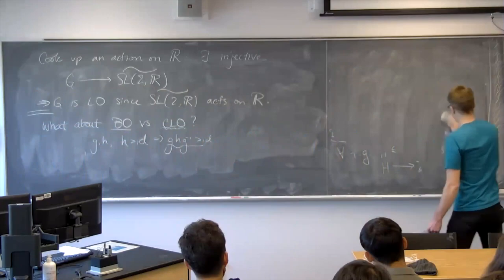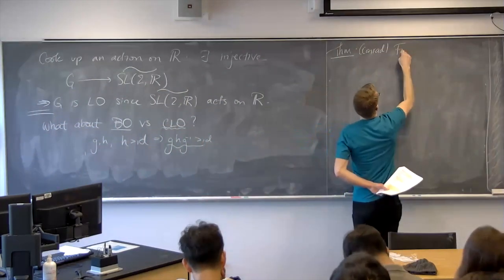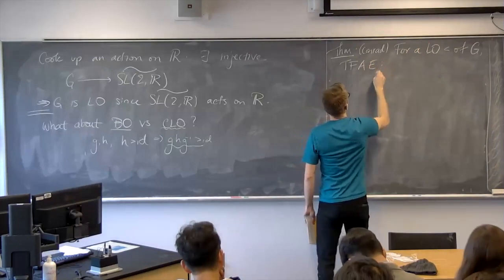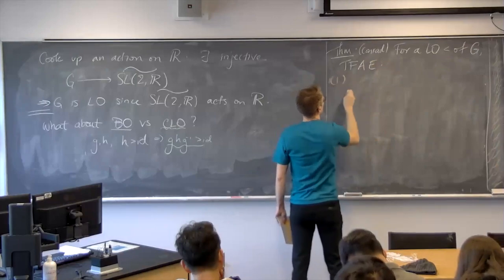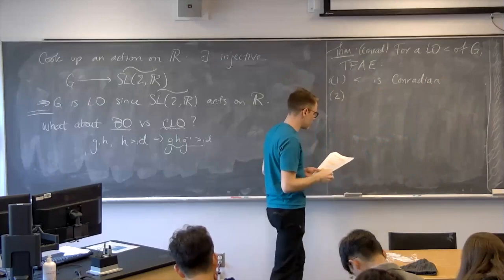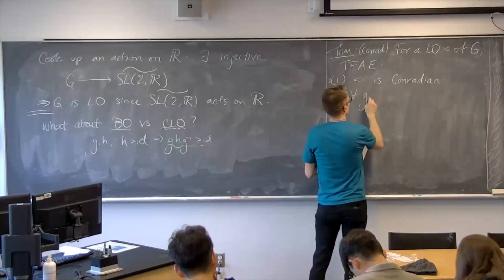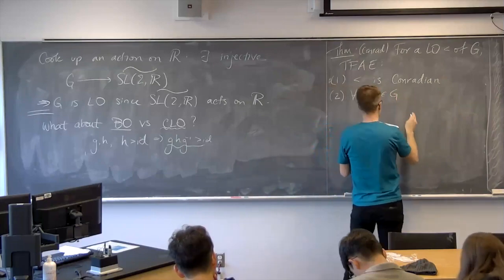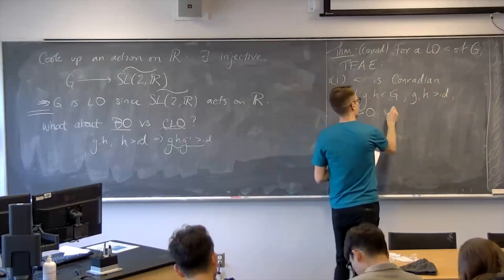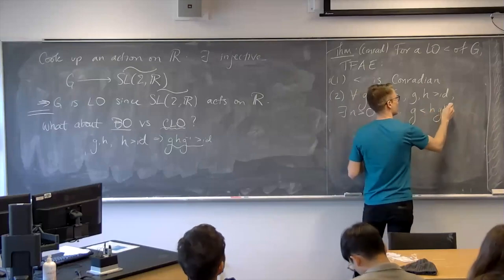Let me say it here. Let's just do Conrad. For a left order of G, the following are equivalent. 1, this is Conradian. 2, for all g, h in G positive, there exists positive n such that g is less than h g to the n.